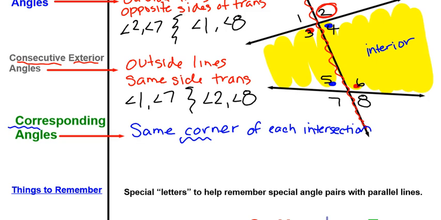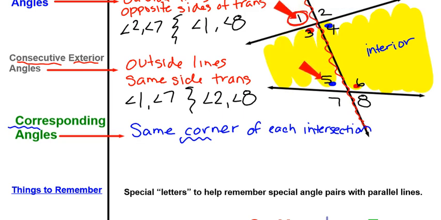How do you find the corresponding angles? Well, let's start with angle 1 right here. Angle 1, what angle would be in the upper left-hand corner of the bottom intersection? And that right there would be angle 5.